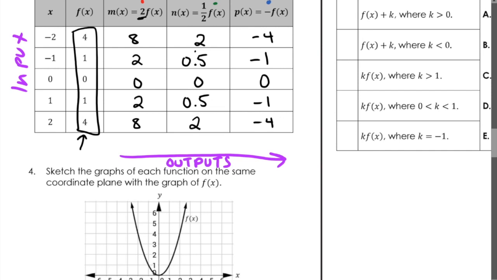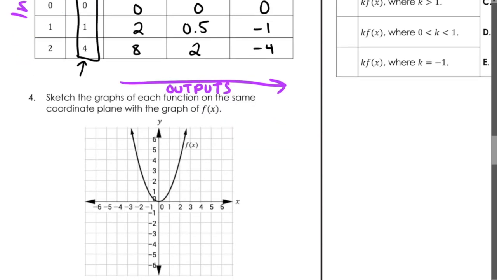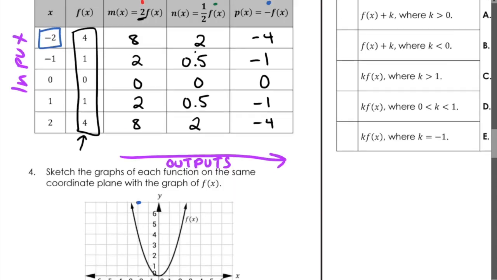Okay, once again, these are my inputs. So the first one, I would do -2 and 8. -2 is down here, and 8 is right here. Okay, I'll do this first one. I said I would do that red. I'll do the red one with you guys, and the rest is on you.